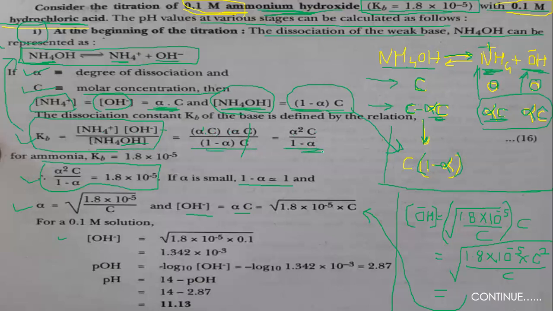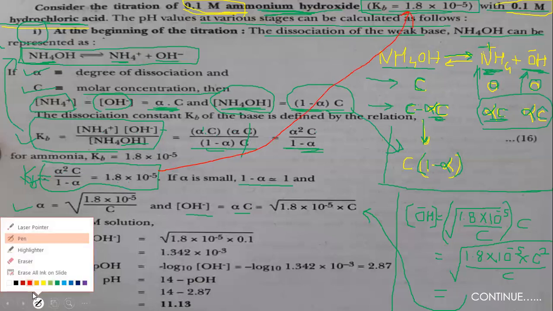So Kb is equal to alpha square C upon 1 minus alpha, that is equal to 1.8 into 10 raised to minus 5. That value is given here. Initially I had said the value is known to us. Now we'll see what is next.